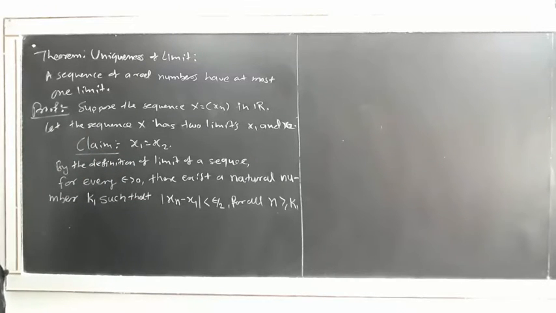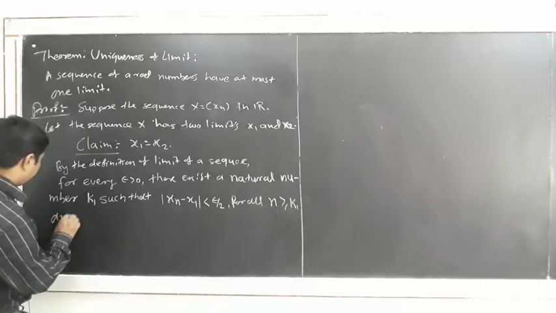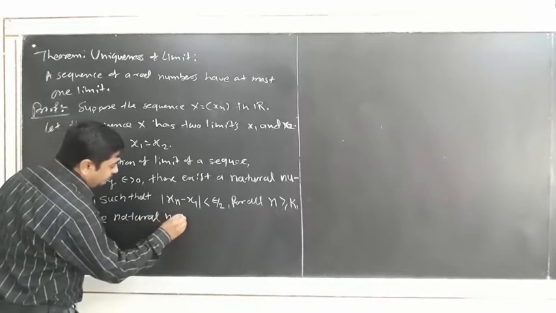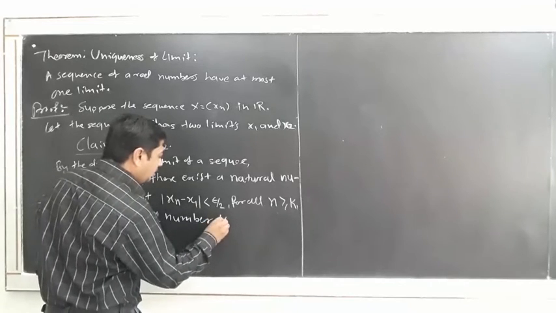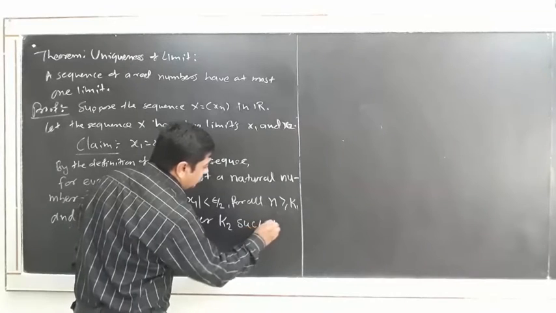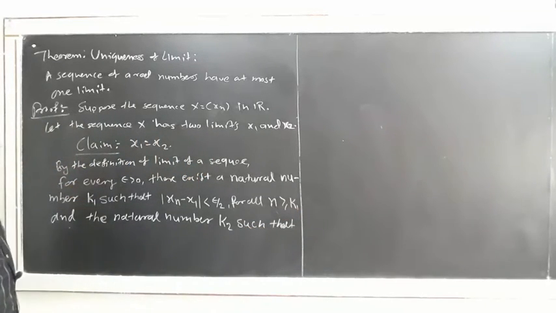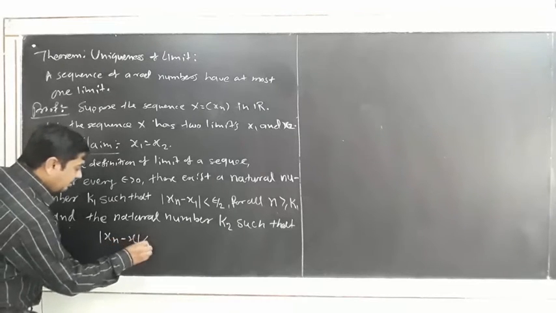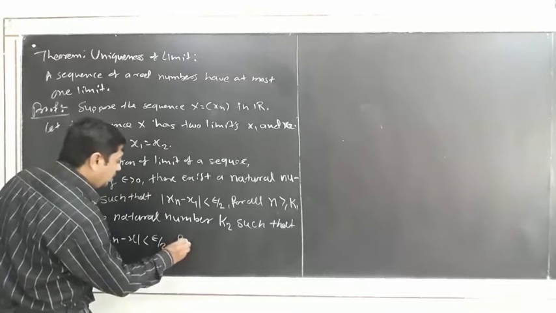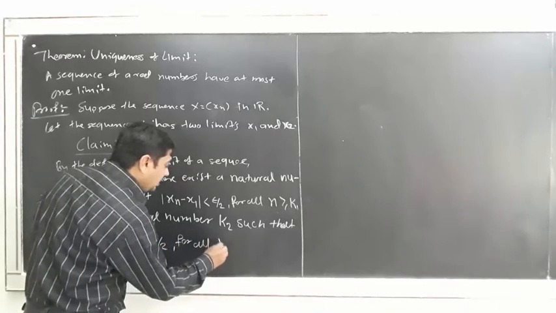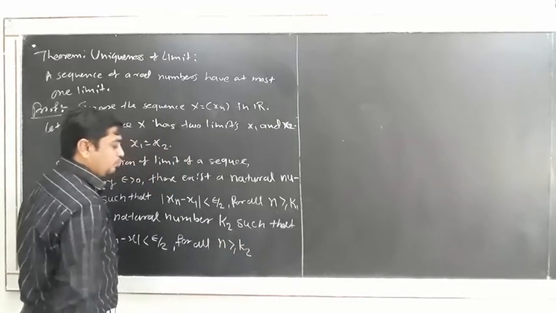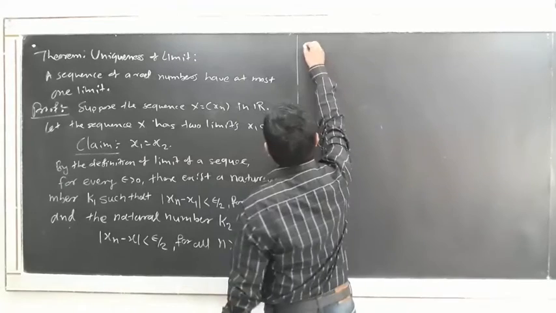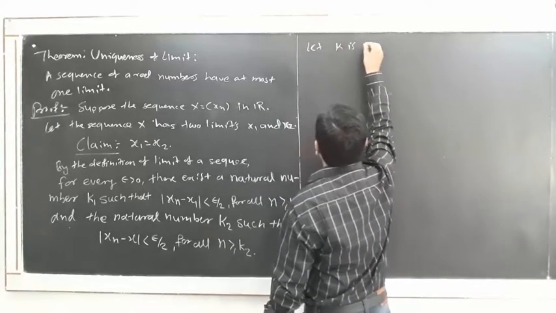Similarly we have to write the definition for x2 also, and the natural number k2 such that, we are writing both definitions in one, taking one epsilon only, mod of xn minus x2 is less than epsilon by 2 for all n greater than or equal to k2.